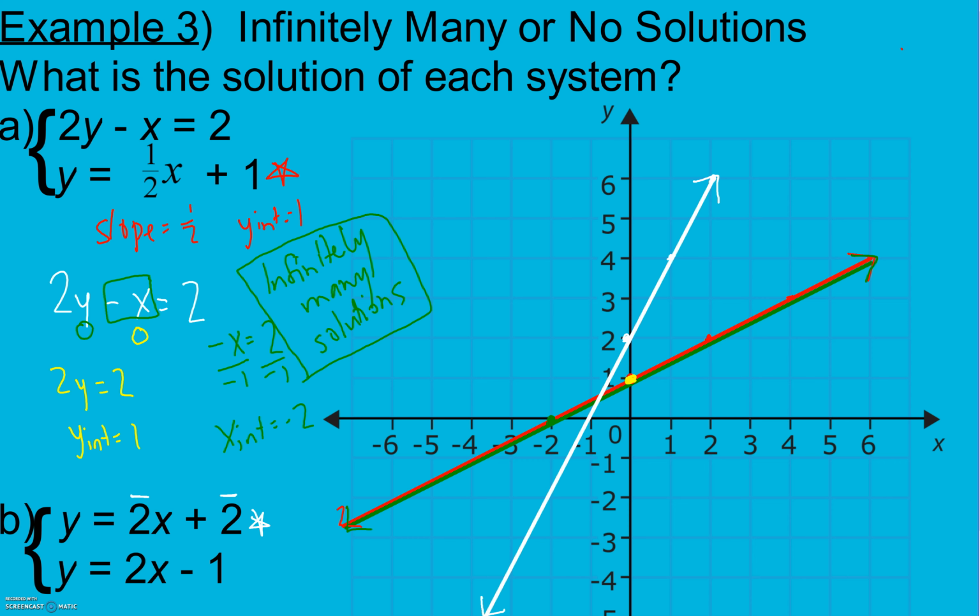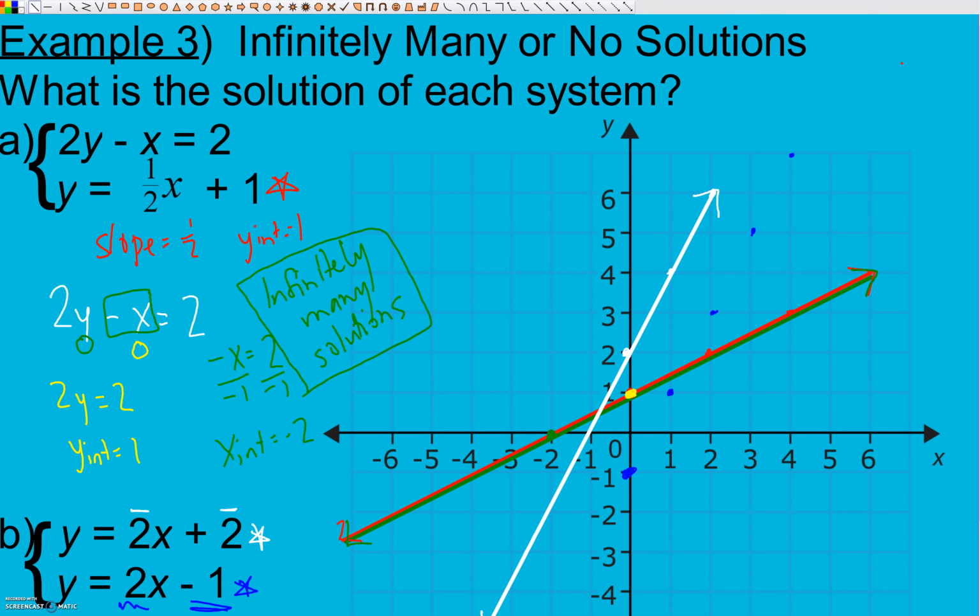And my second one here, I start at -1 on my y-axis for my intercept, and my slope is 2, up 2 over 1, up 2 over 1, up 2 over 1, and there we go. I connect my dots.